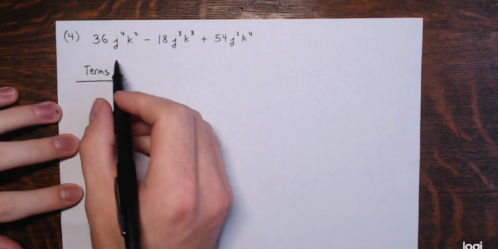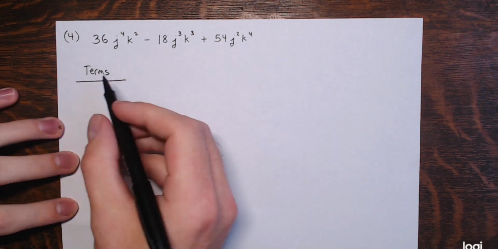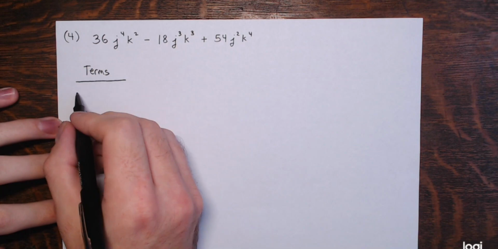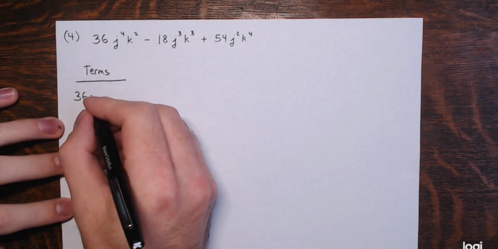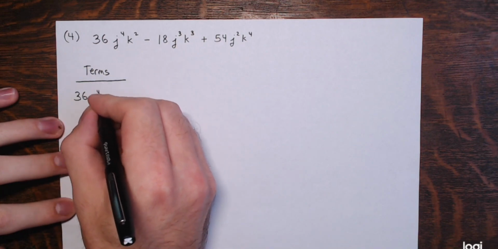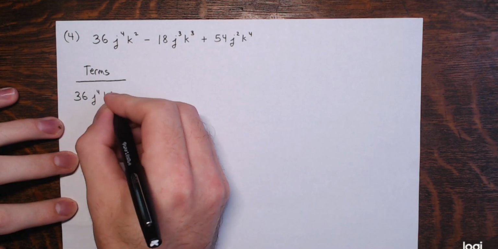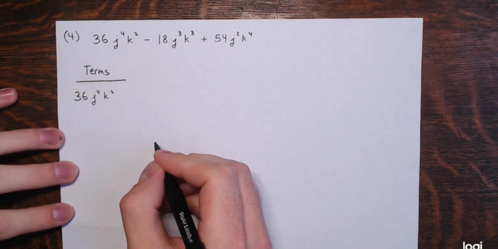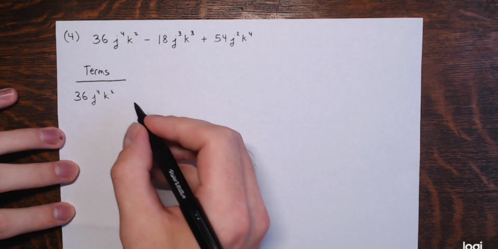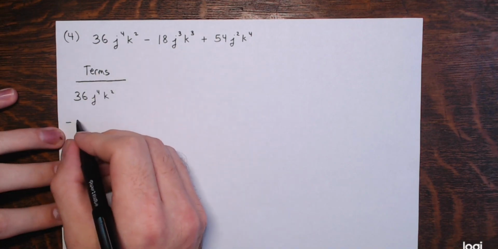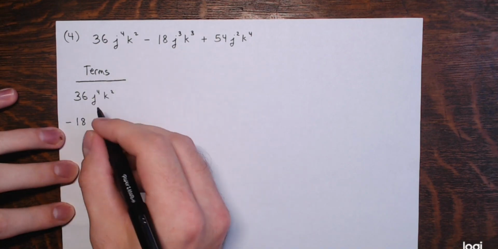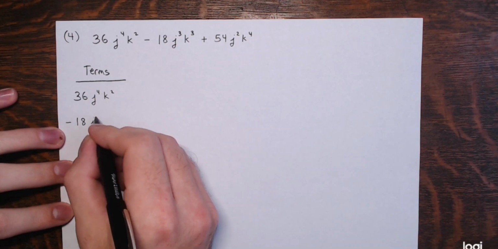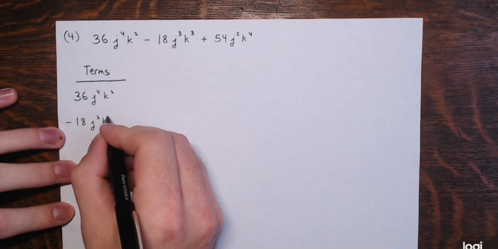Alright, so the terms of this polynomial, this expression are, the first product here, 36 j to the 4th times k to the 2nd. And then the next term is negative 18 j cubed times k cubed.